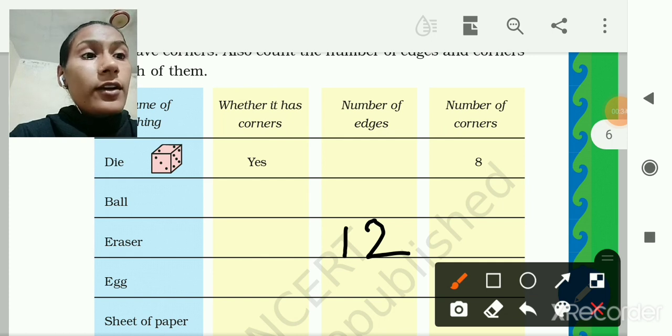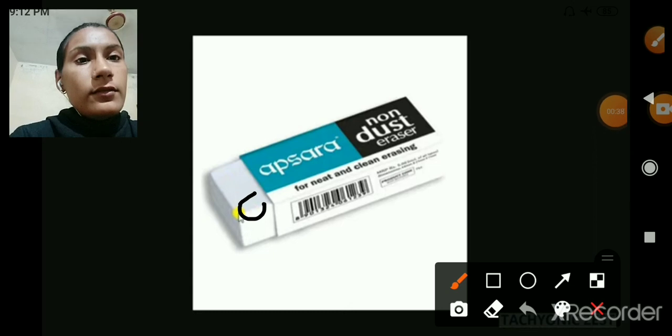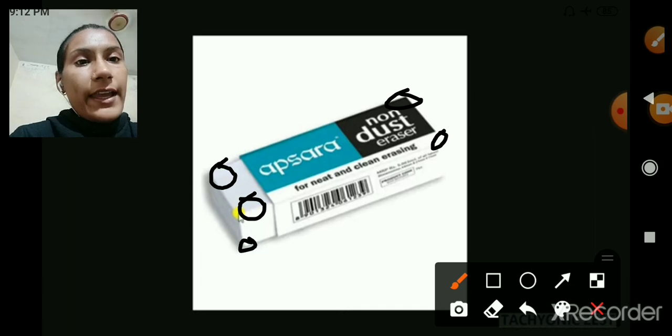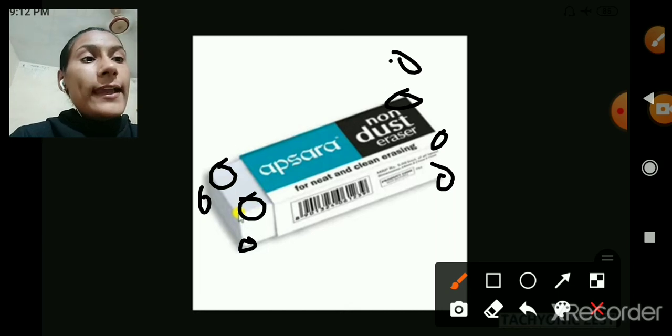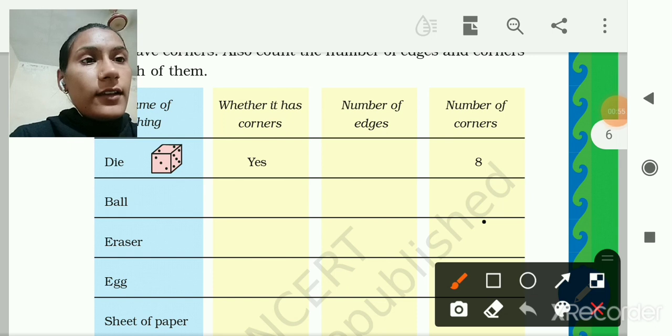And how many corners? Let's see: 1, 2, 3, 4, 5, 6, here 7 and on this side also 1. So 8 corners. You can write here number of corners 8.